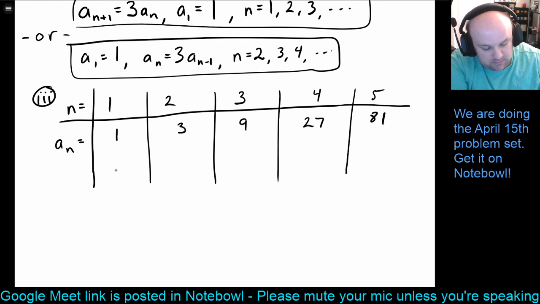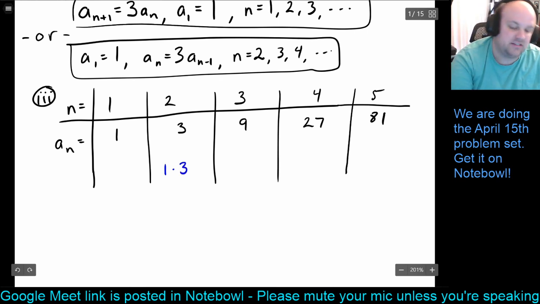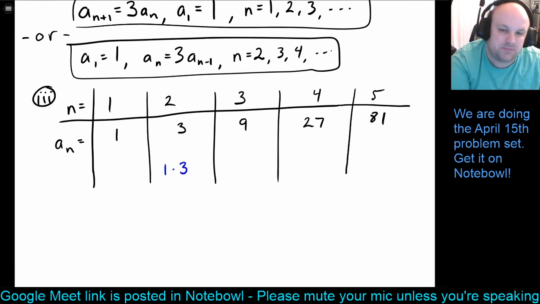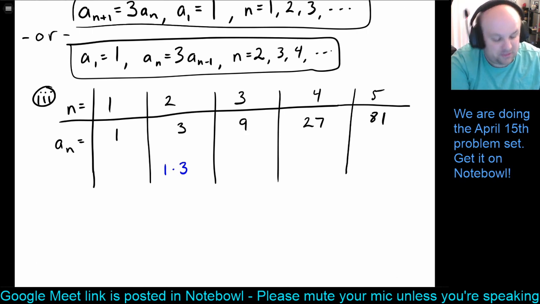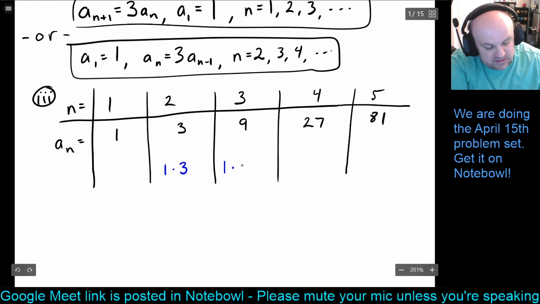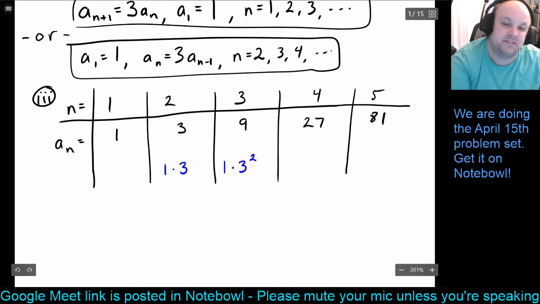So I'm going to write down here, this is 1 times 3. Right? Because I took the old one and I multiplied it by 3. To get from here to here, I multiply by 3 again. So that's 1 times 3 times 3. So 1 times 3 squared.